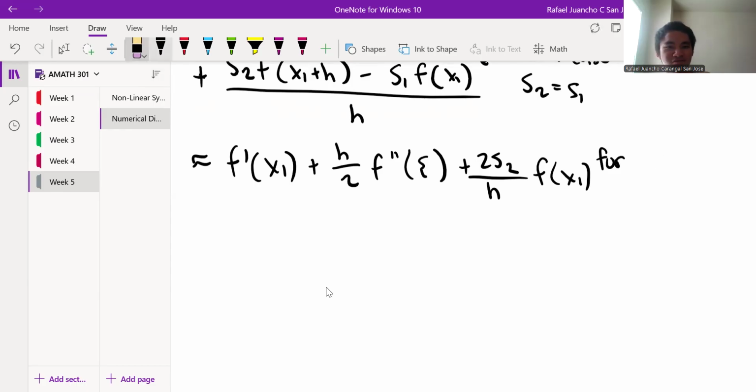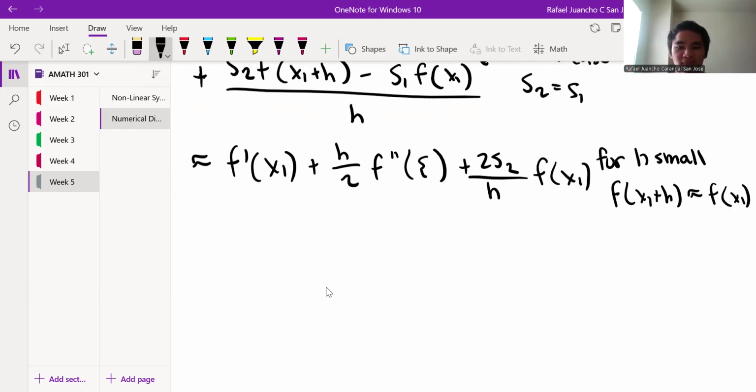Why did I write 1? For h small. When we have a small h, then that means this output is equal to our original.